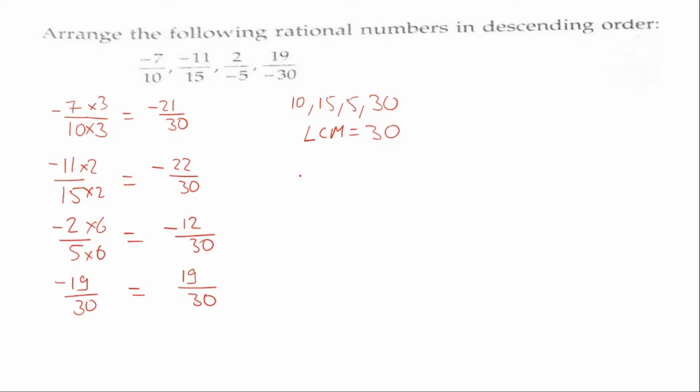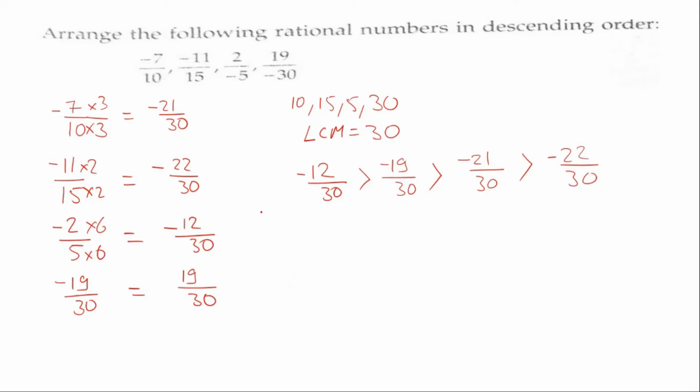So the greatest one is minus 12 by 30 is greater than minus 19 by 30 is greater than, if you want you can put the symbol also, minus 21 by 30 is greater than minus 22 by 30.